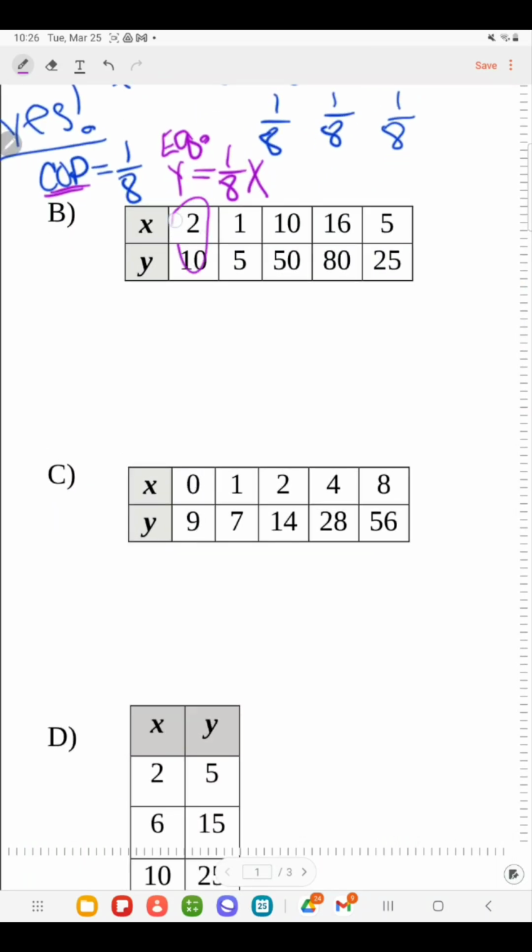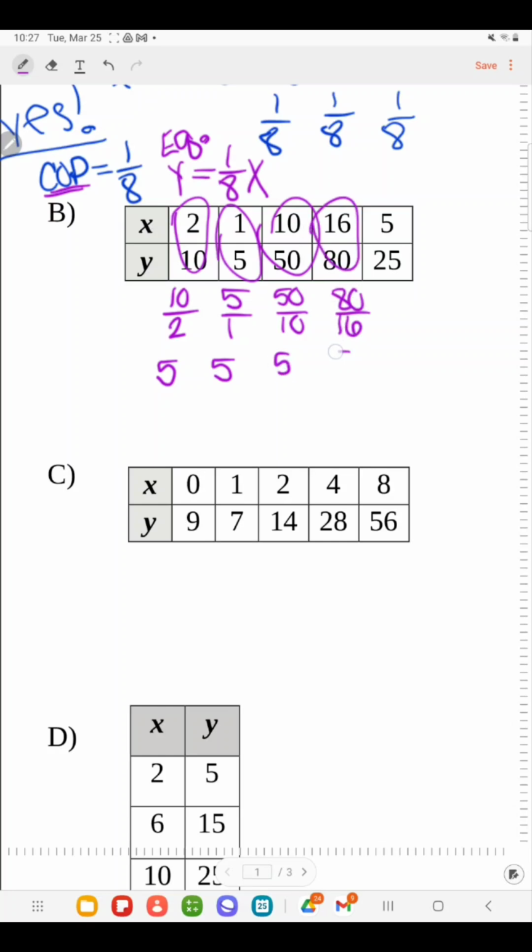So the first pair, 10 over 2, and 10 over 2, that's just going to get you 5. The next one, 1 and 5 is 5 over 1, and that just gets you 5. 50 over 10, that just gets you 5. 80 over 16, another 5, and 25 over 5 gets you 5.